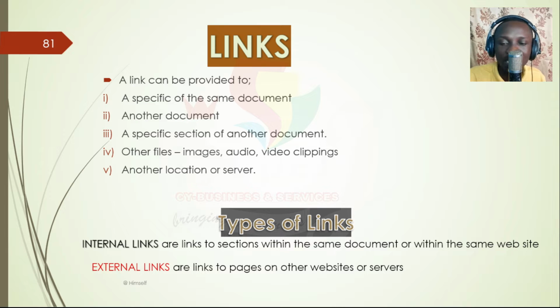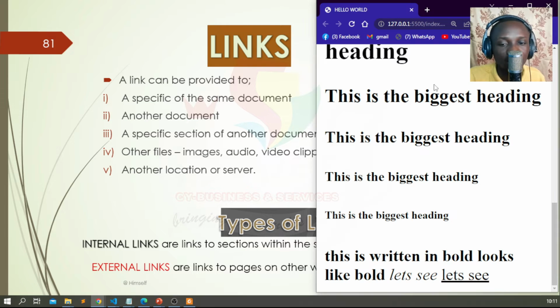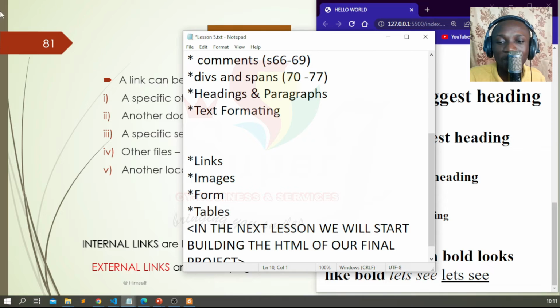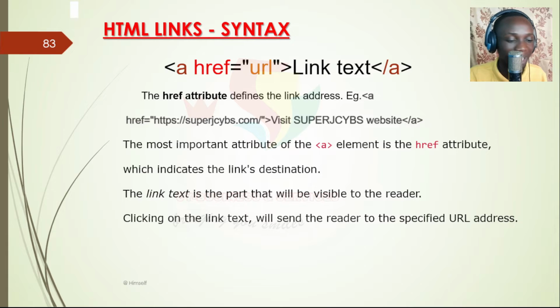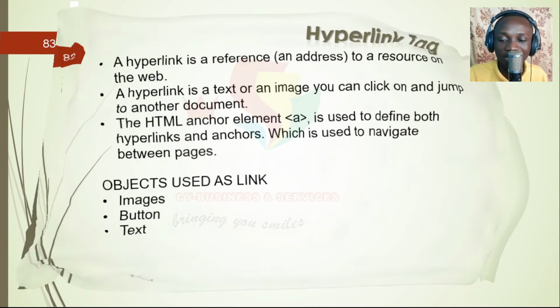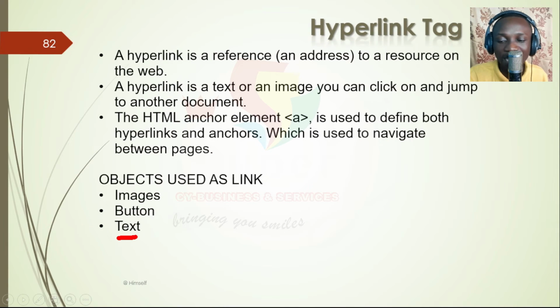So please, let's just move on to our code, because this is not a talking lecture, it is a practical lecture. So let's first do something over here. Let me make this clear to you, that we can use a text as a link, we can use a button as a link, we can use an image as a link.